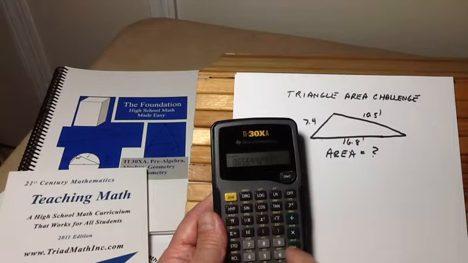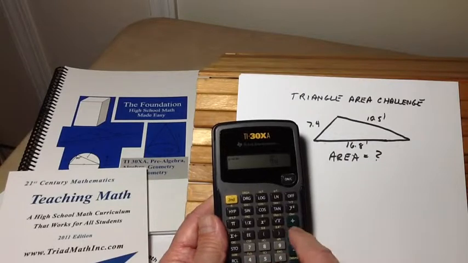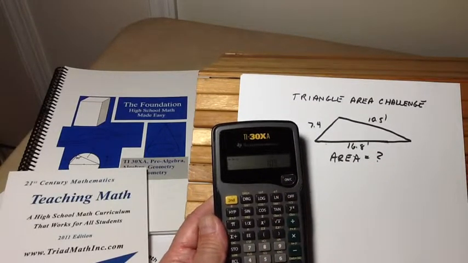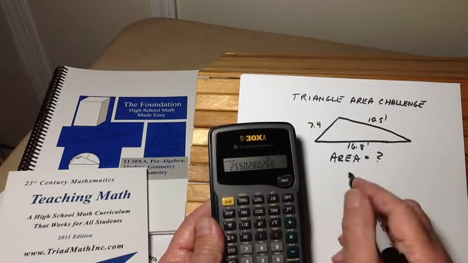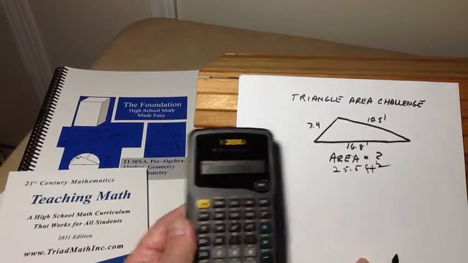I take the sine of that angle, I multiply that times 0.5, multiply that times 7.4, and multiply that times 10.5, it equals, and the answer is 25.5 square feet.